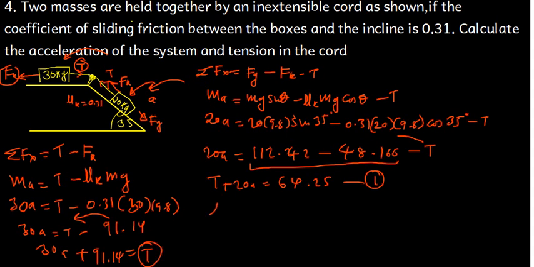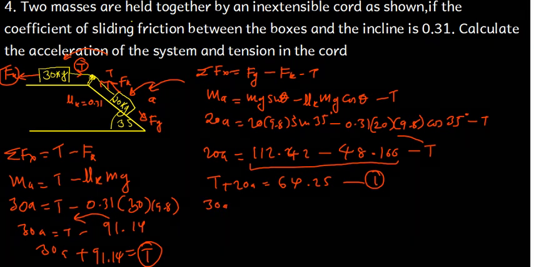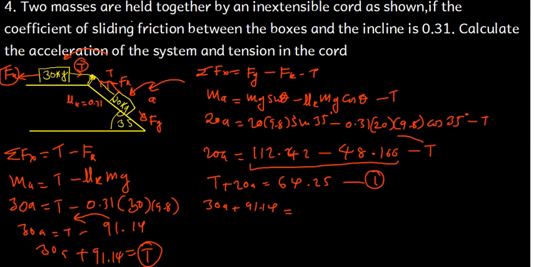So in the equation where there is tension, we are going to substitute 30A plus 91.14. So that is going to give us 30A plus 91.14 is equal to, okay, I've just substituted where there is tension, so this T is where I've put this. Remember, we've also got the 20A there.